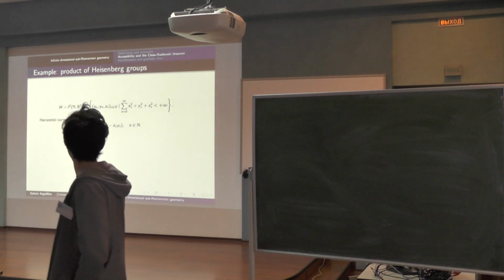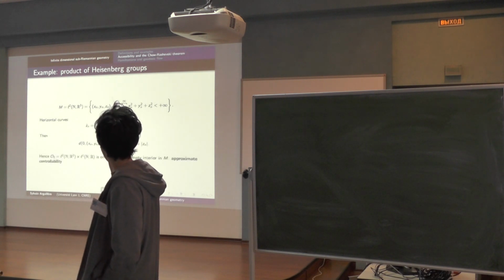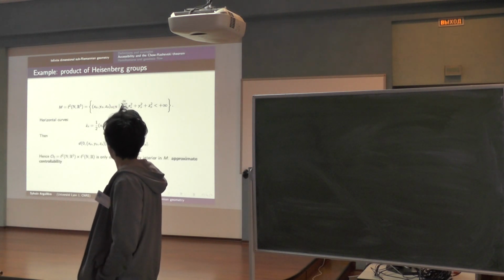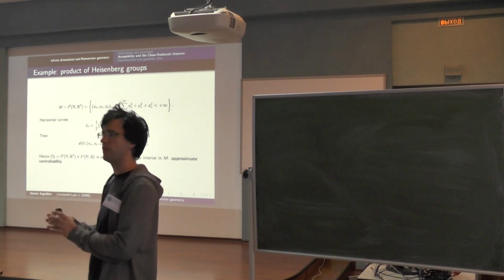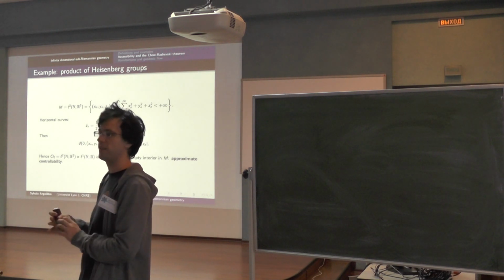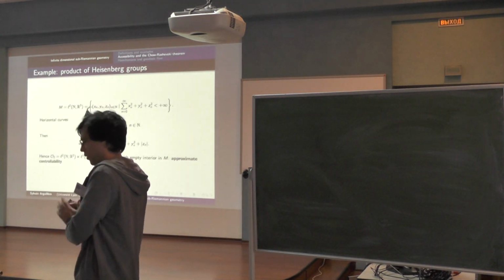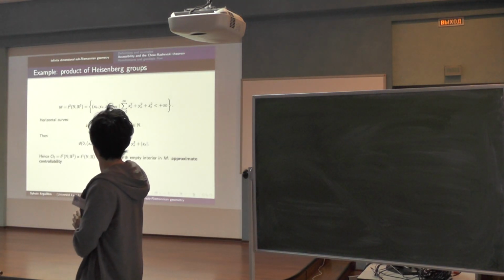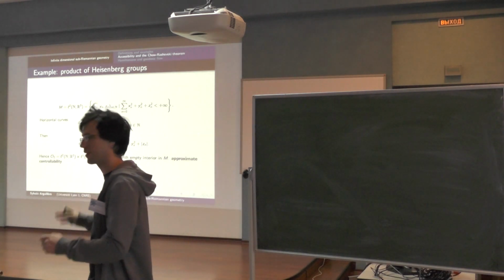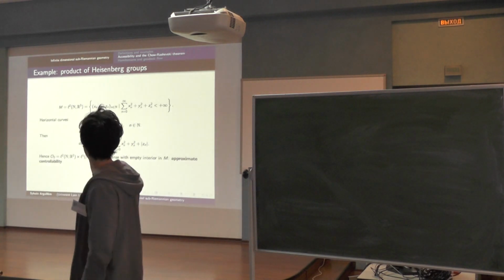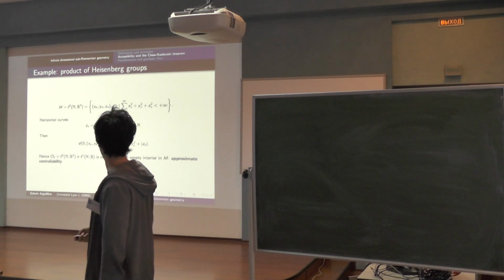For example, if you take the product of Heisenberg groups, you can actually check that the orbit of the origin is the set of triplets such that the first two coordinates are L2 sequences, so square summable, but the last coordinate, the sequence of Zn, is only summable, right? So it's a stronger condition, okay? And you only have a dense subset of the entire manifold with empty interior.